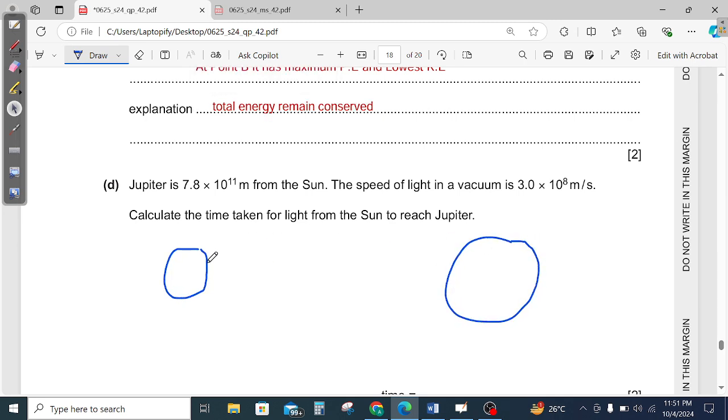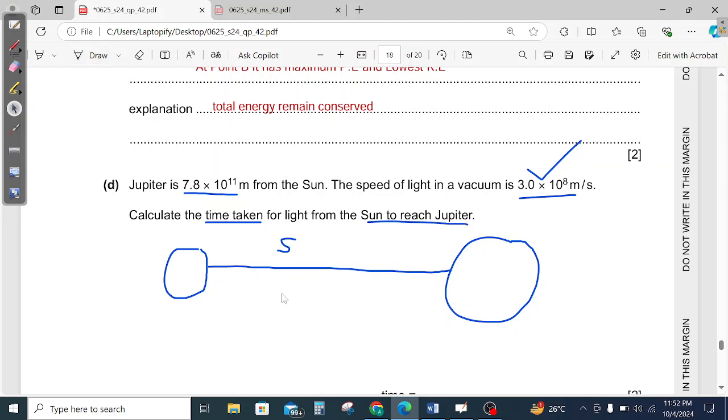The distance between the Sun and Jupiter is given. You can write it as s, and the speed by which light is coming from the Sun towards Jupiter is the speed of light. What you have to measure is how much time is taken for the light to travel from the Sun to Jupiter.